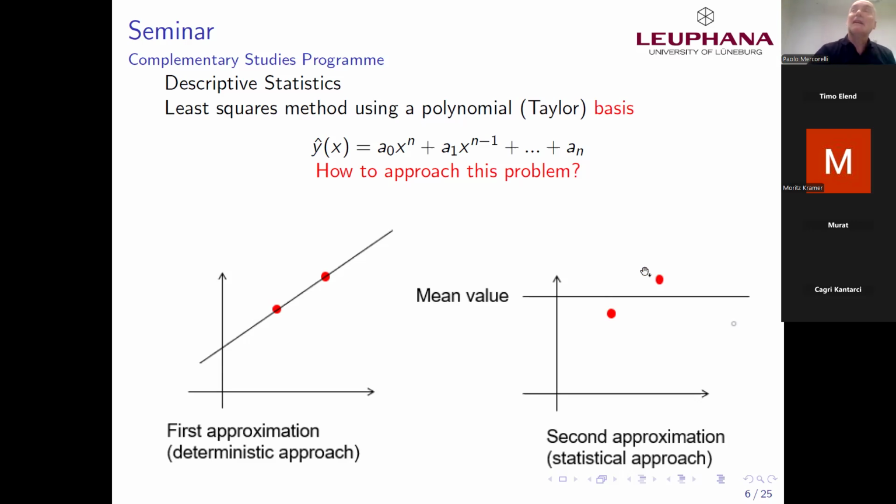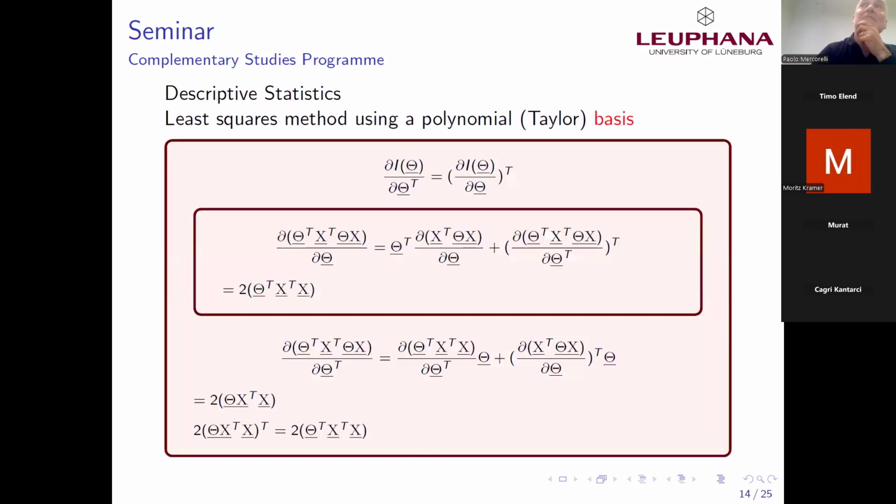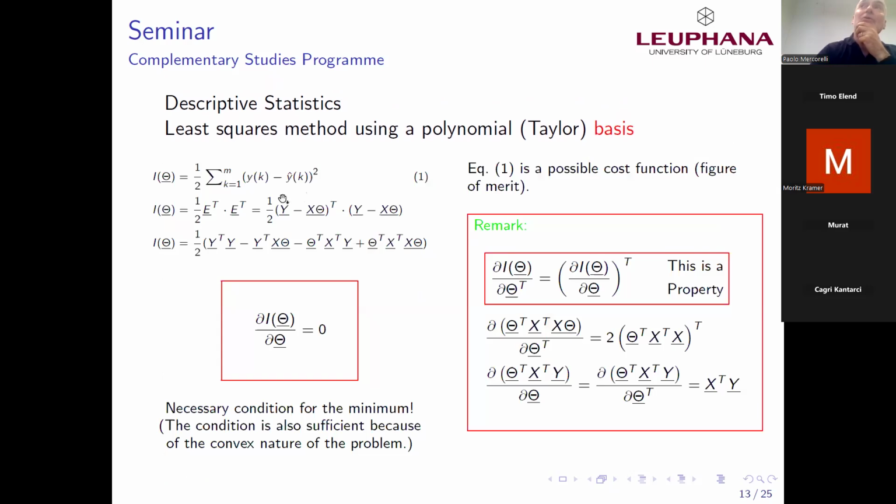We come back to this a little bit later. Here, we have the minimal SSE. Because if SSE is the measure minus the approximation, and they coincide, the sum is 0.